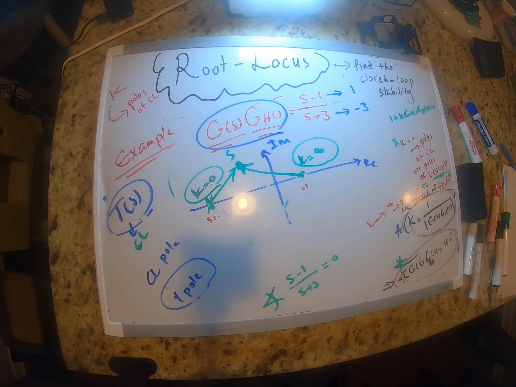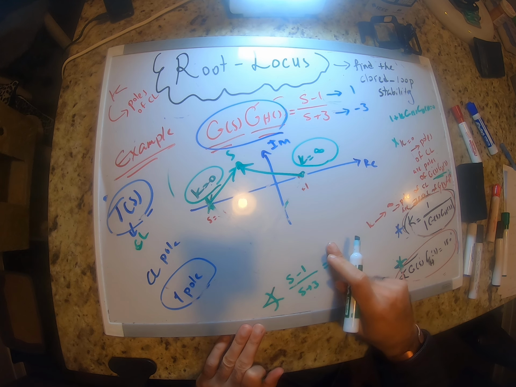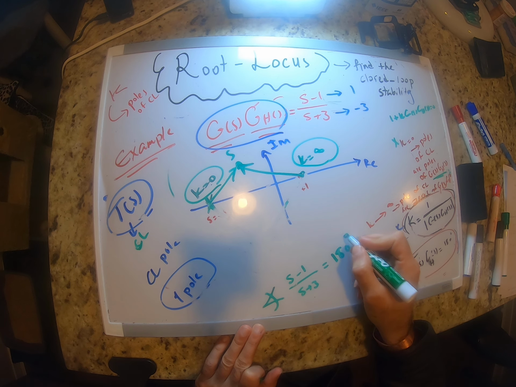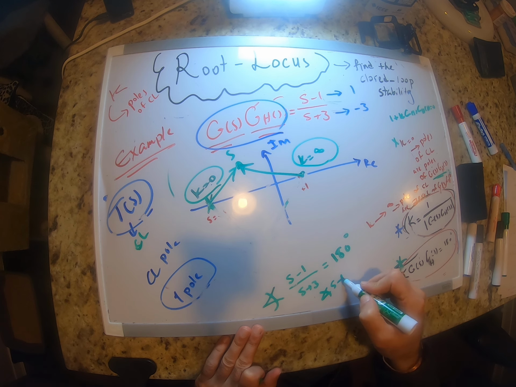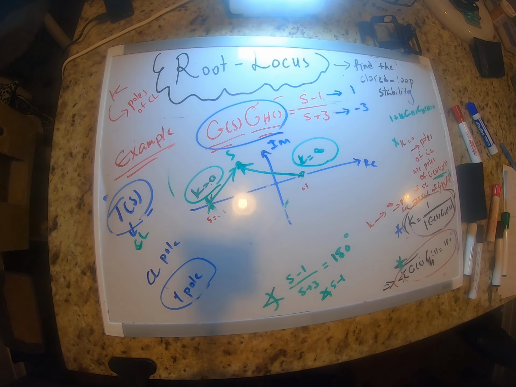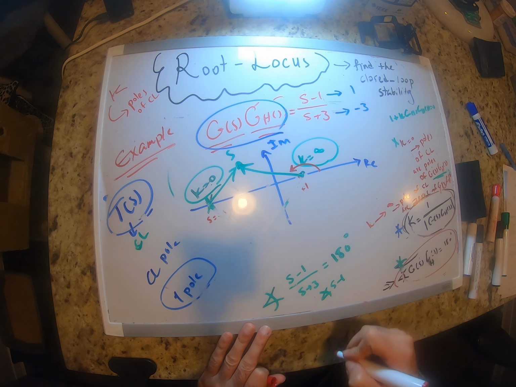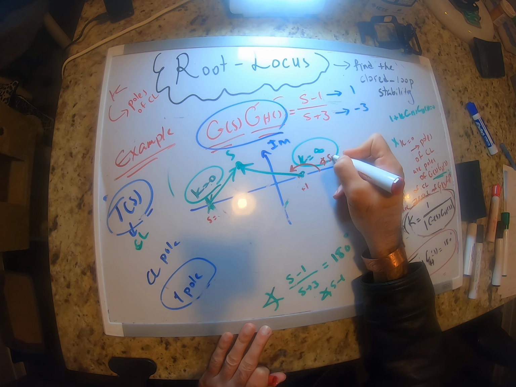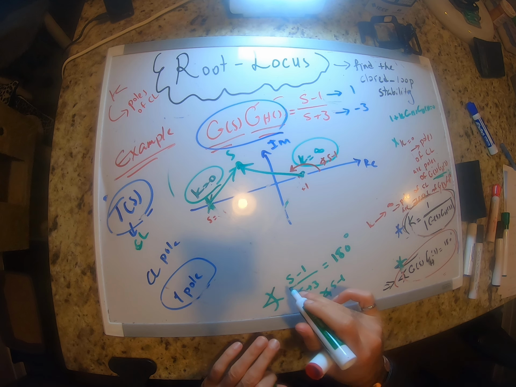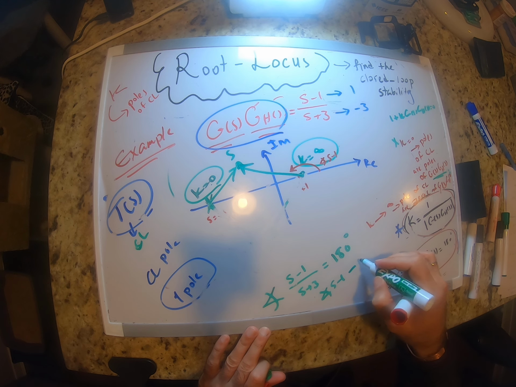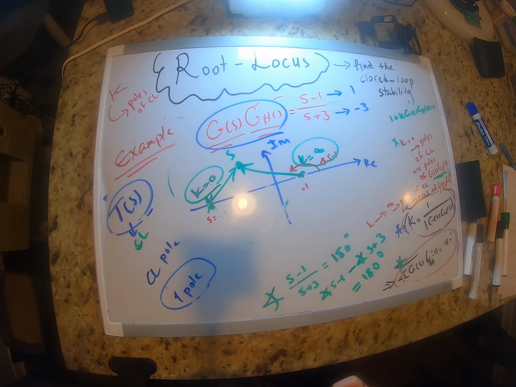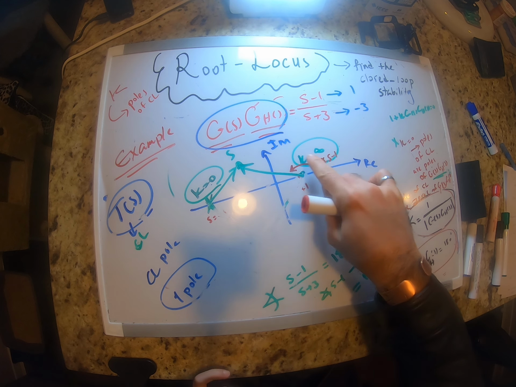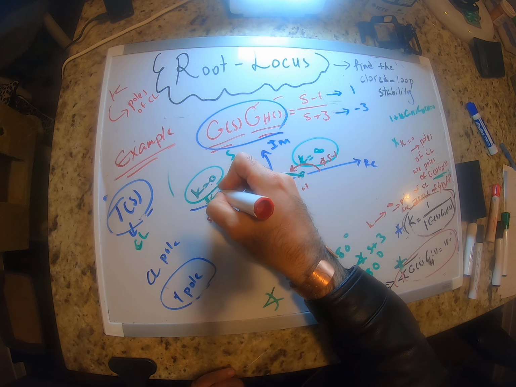Okay. Sorry, this is supposed to be 180 degrees. So the phase of s minus 1, which is this vector, is going to be this phase. This is the phase of s minus 1, and this is the phase of s plus 3. The phase of s minus 1 minus the phase of s plus 3 has to be equal to 180 degrees.